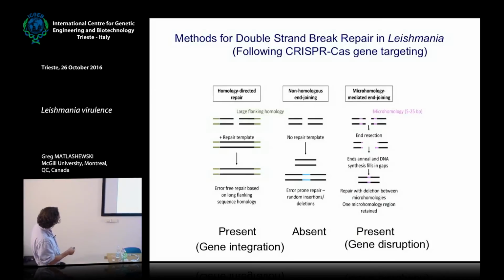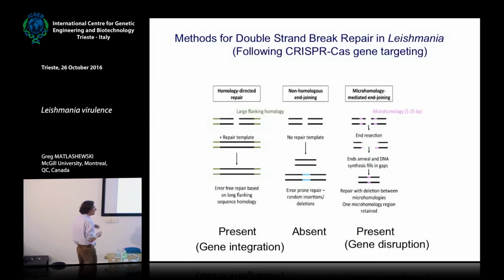This one is also present in Leishmania, microhomology end joining, a very rare mechanism which isn't used by many organisms, but it is used by Leishmania. So you could use this mechanism to disrupt genes in Leishmania as well. So it seems that Leishmania uses this mechanism instead of this mechanism. Most cells use this mechanism.